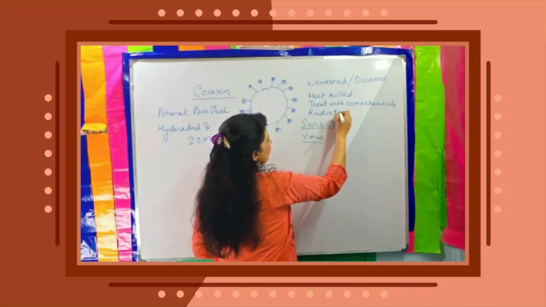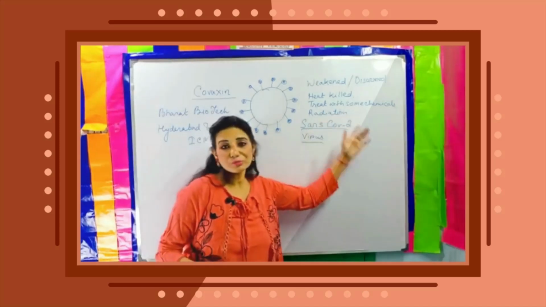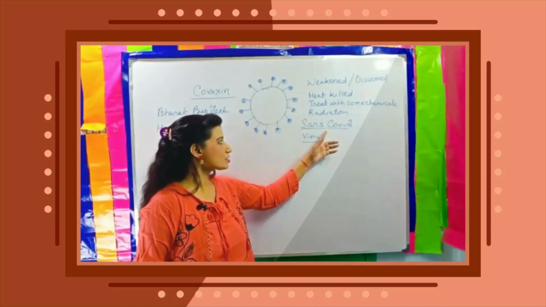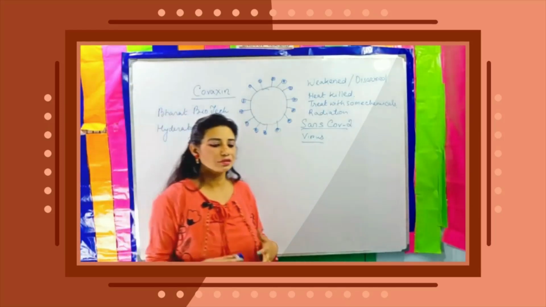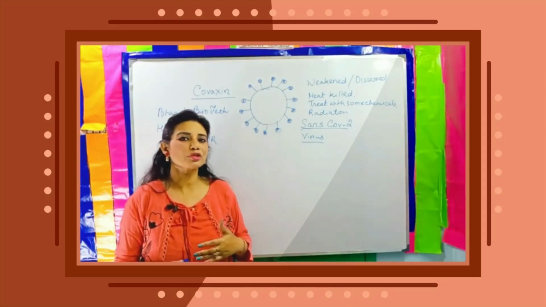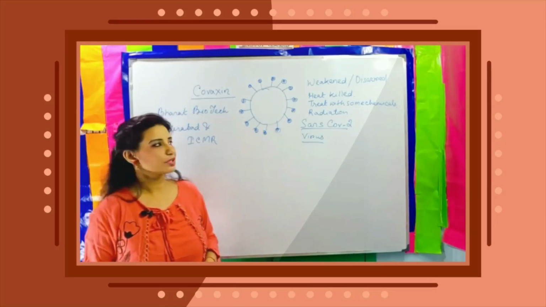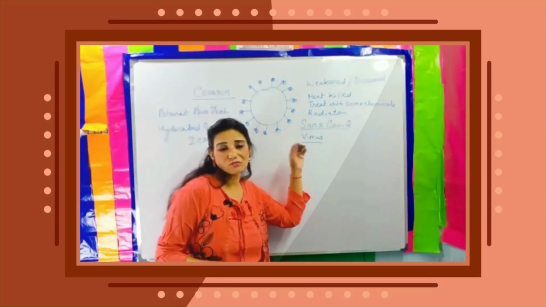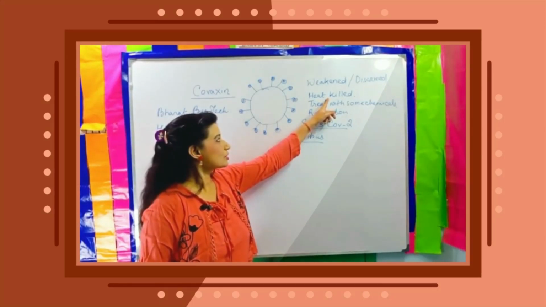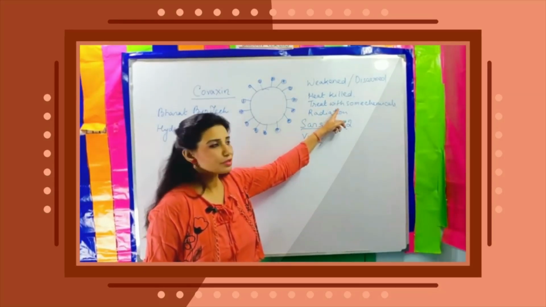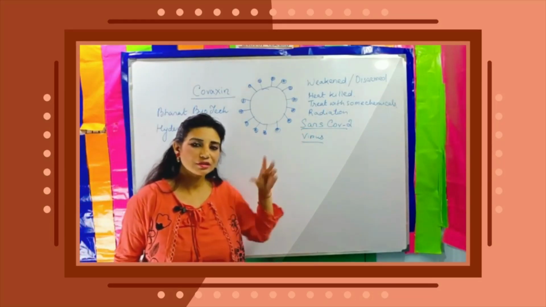So these are the ways by which you can weaken a virus, disarming SARS-CoV-2 so that it does not have virulent properties. A virus is only able to replicate when its genetic material is inserted into the body. In this case, we introduce the same SARS-CoV-2 virus after killing it, either by heat, with some chemicals, or with some radiation used to destroy the virus.